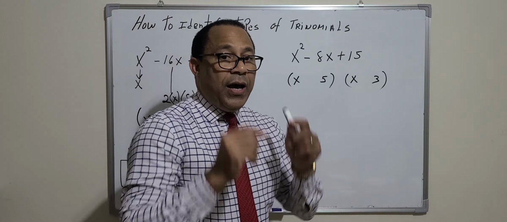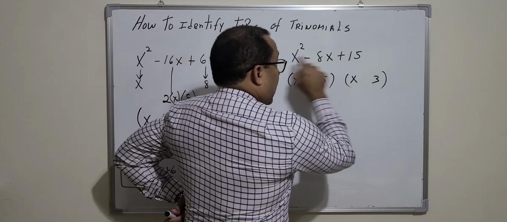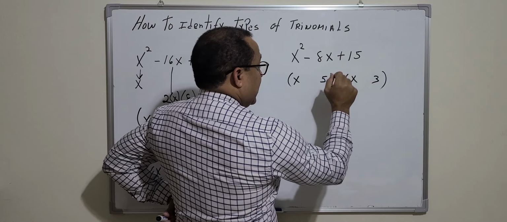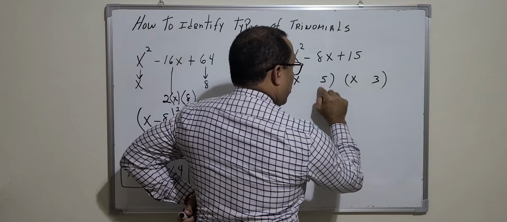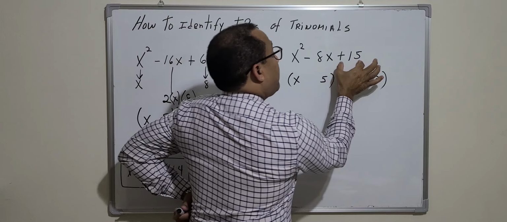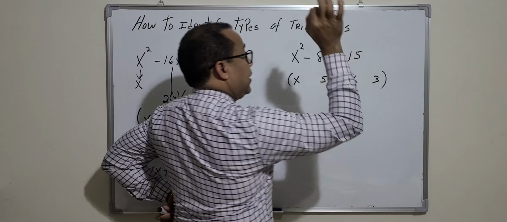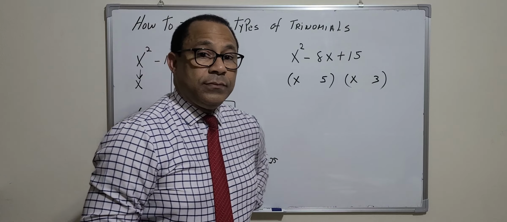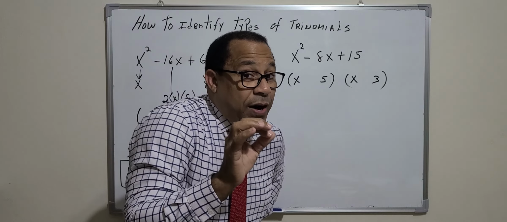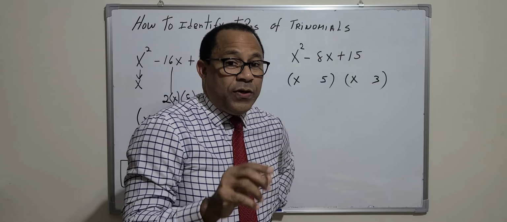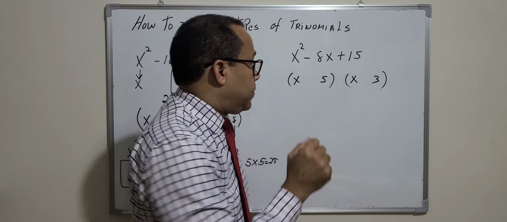Now, I need to figure out what signs I'm going to use here, because according to the trinomial, when I multiply these two numbers, I'm supposed to get positive 15. If I get positive 15, it's because of two conditions.